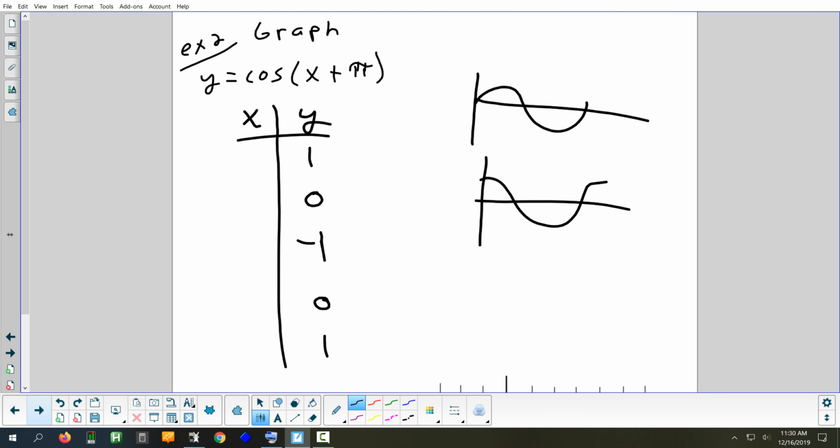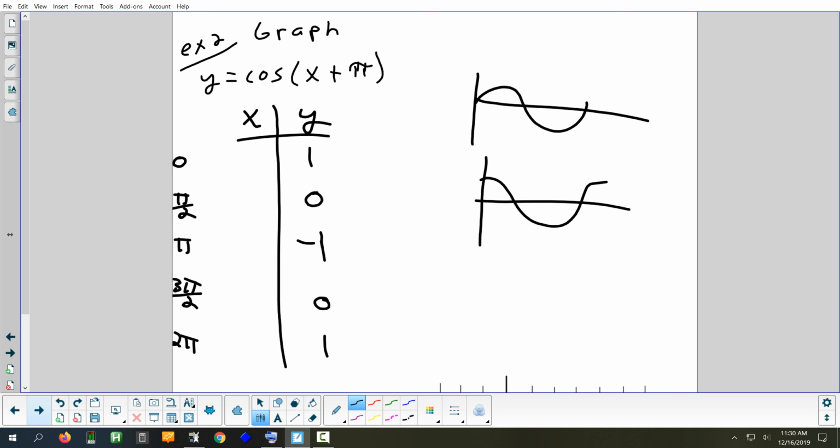Now I'm going to do something to my x's, but I'm going to write the originals first. How about my original x values? 0, pi over 2, pi, 3 pi over 2, 2 pi. Perfect. You wouldn't get any points for those. That's good.